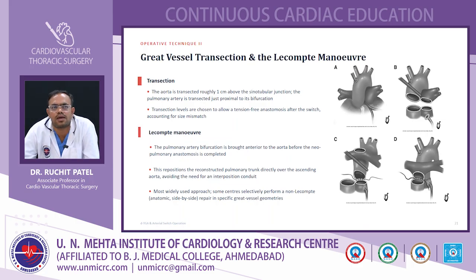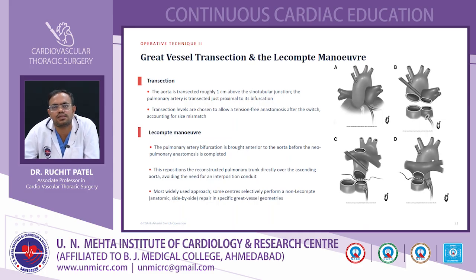Like the Lecompte maneuver, the bifurcated pulmonary artery is brought anterior to the aorta before the neo-pulmonary anastomosis is completed. The purpose is to provide a tension-free anastomosis of the proximal neo-pulmonary root to the pulmonary bifurcation.